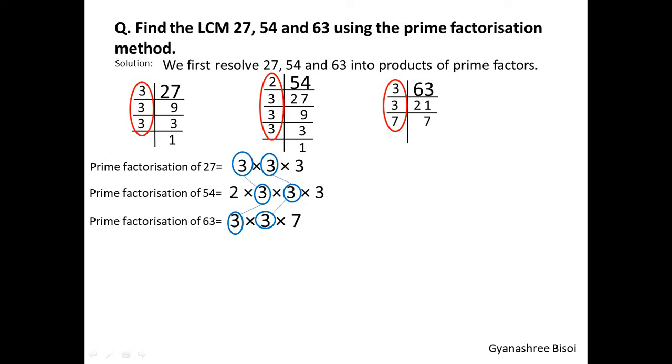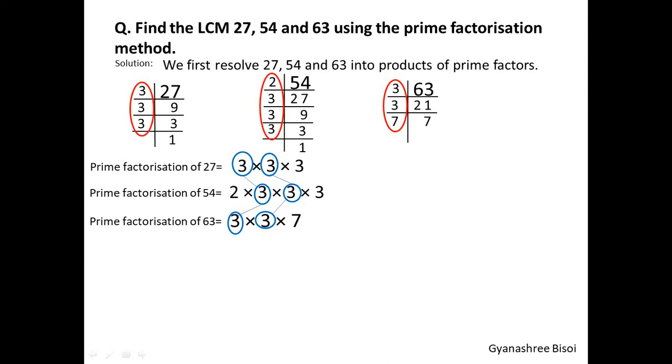Now we will take the prime factors which are common at least in the prime factorization of 2 given numbers, right? See, 3 is here in the factorization of 27 and 3 is here in the prime factorization of 54, right? So this prime factor is common in the prime factorization of 2 given numbers.